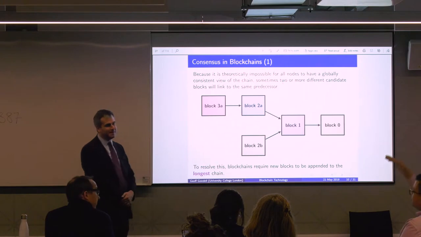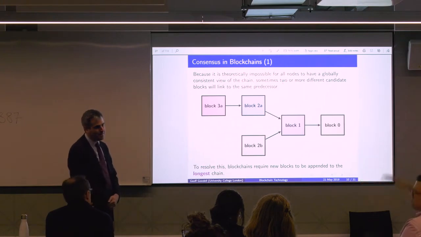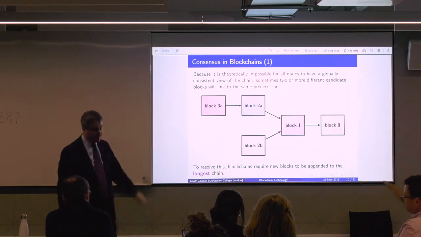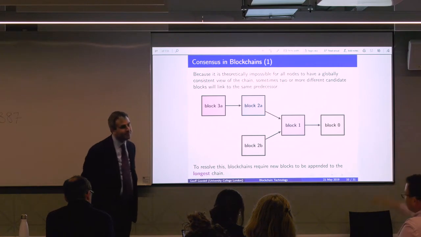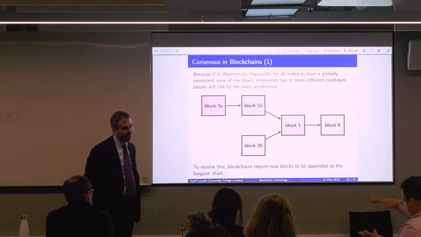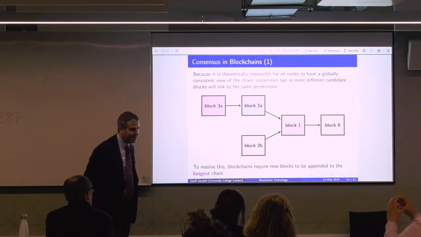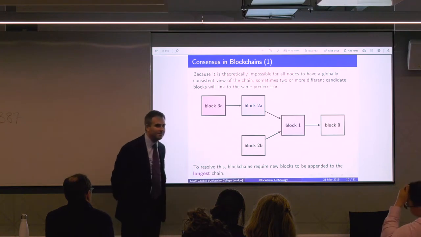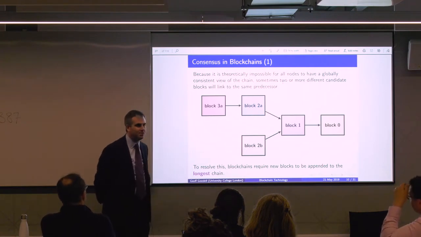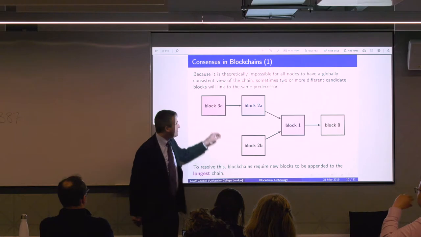So 10 minutes or so worth of transactions, whether it's 1,000 or 2,000 or one transaction, however many, that are hashed together into a block, that block isn't then incorporated with another block. The block itself is not in the next block. The blocks are separate. So it's just the hashes.